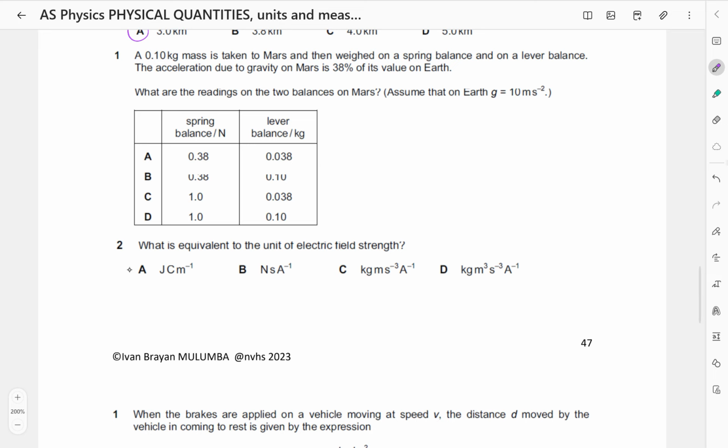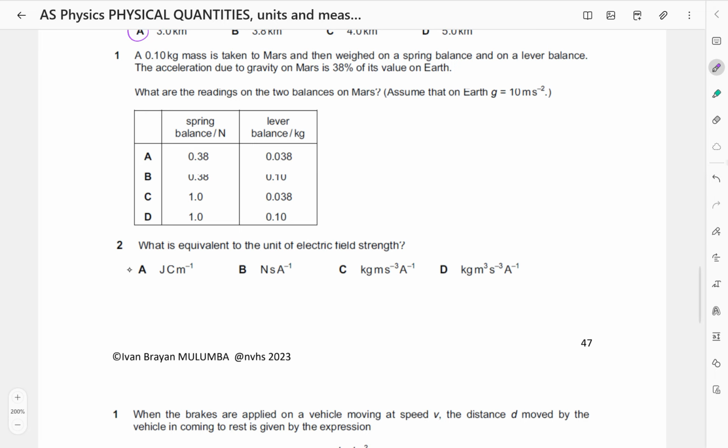A 0.1 kilogram mass is taken to Mars and then weighed on a spring balance and on a lever balance. The acceleration due to gravity on Mars is 38% of its value on Earth. What are the readings on the two balances on Mars?